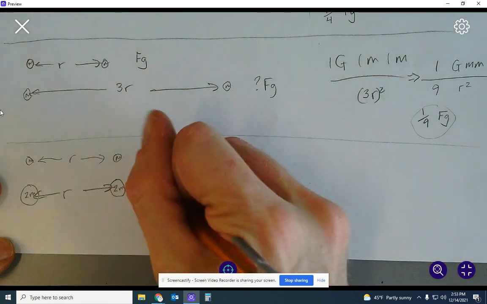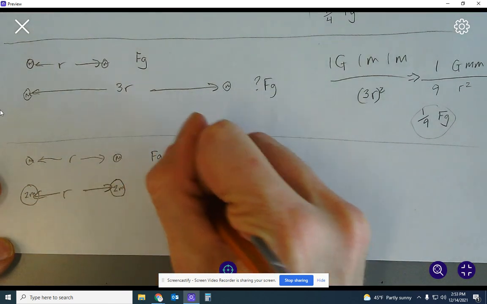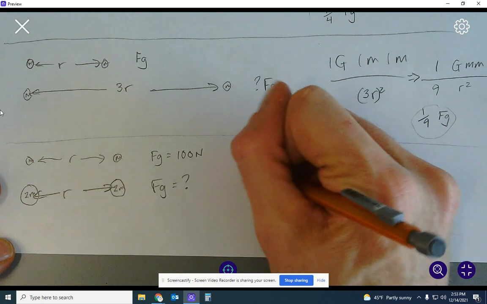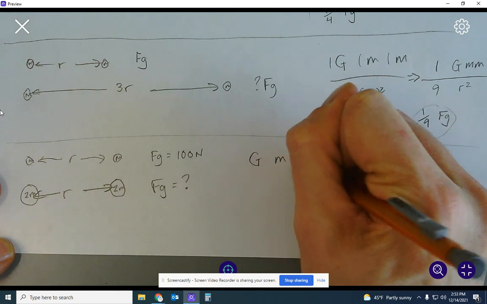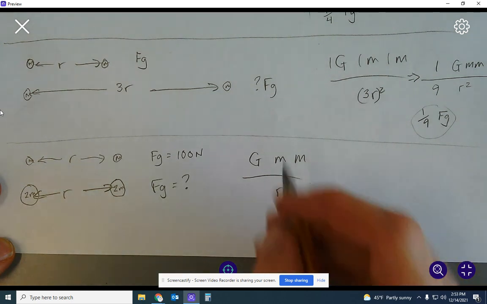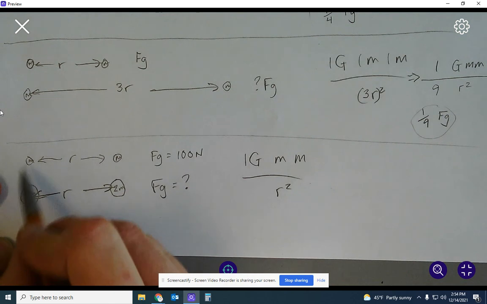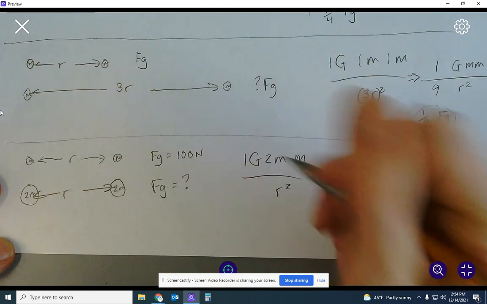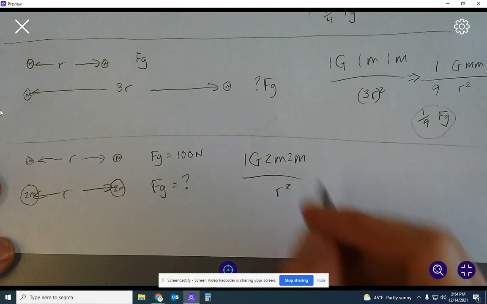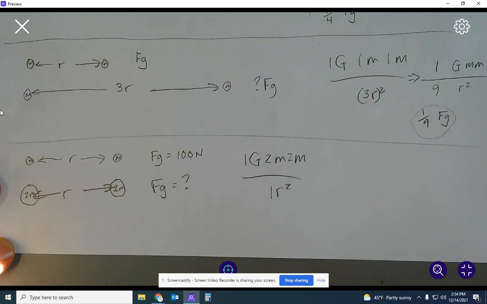What would the new weight be? How much force of gravity would there be between these? Well, I'm still going to go to my old relationship here. And I'm going to substitute in the factor by which this mass is changing. That's 2. And this mass is changing by twofold. And the distance remains the same this time.